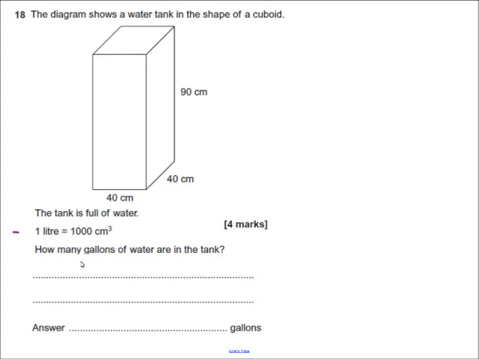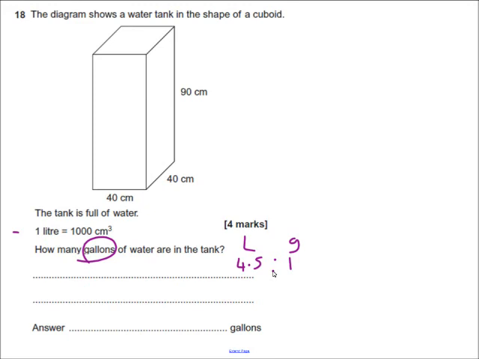And that is, how many gallons of water are in the tank? So it's one of the conversions you need to remember to take into the exam. 4.5 litres is 1 gallon, and you need to remember that conversion ratio to get all of the marks in this question. But there are some marks we can get before we get to that point.